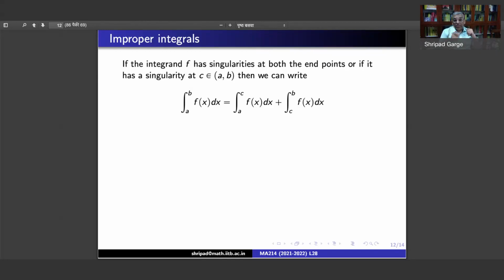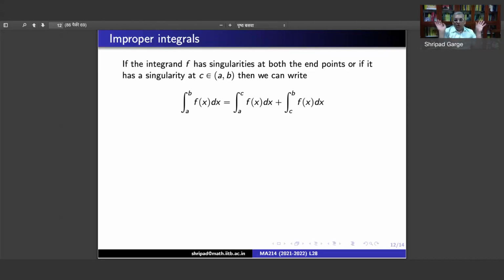If you have a singularity at C, then you write the integral A to B as the integral A to C plus the integral C to B. The integral C to B is okay because your singularity is already at the left endpoint. The integral A to C has the singularity at the right endpoint, but then again you convert it into integration of a different function over a different interval where the singularity is at the left endpoint.